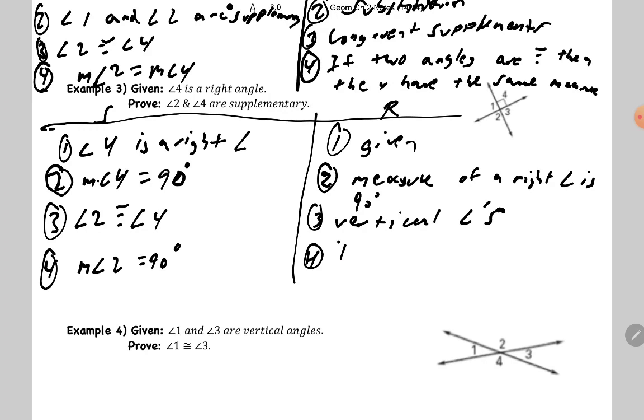And that's because if two angles are congruent, then they have the same measure.